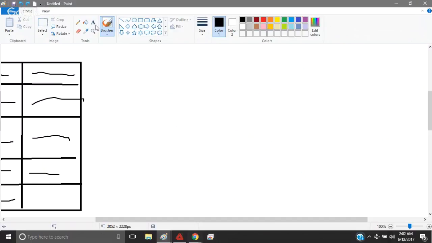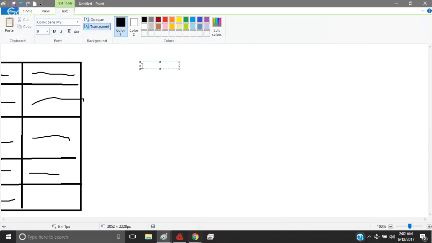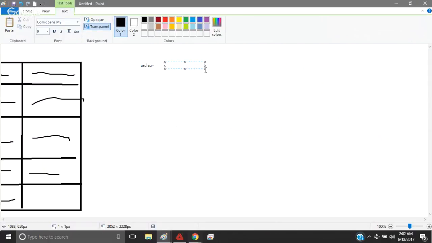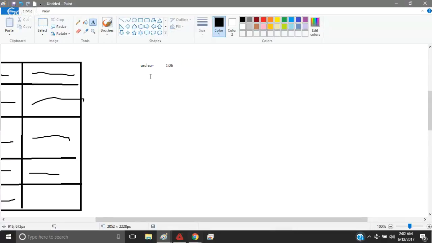Ooh, let me get my pen out. All right, you exchange the US dollar for the euro. Okay, whenever you exchange the US dollar for the euro, it converts over and they give you €1.05, however you say it in euros. That's your conversion rate for the US dollar.